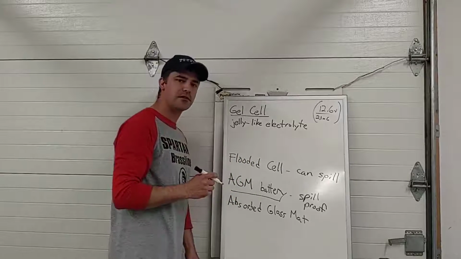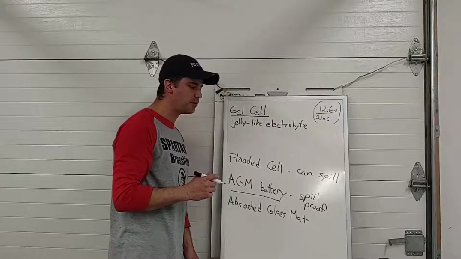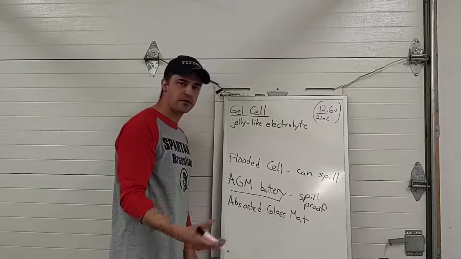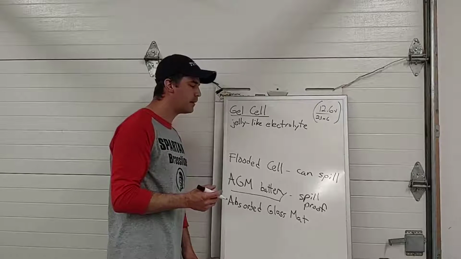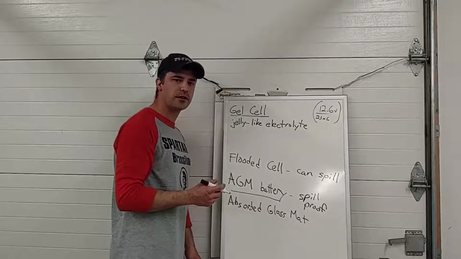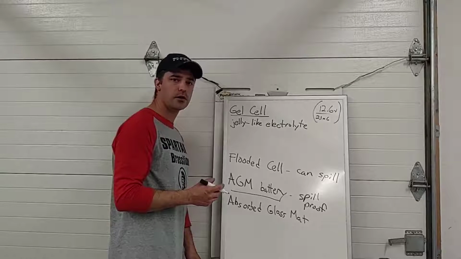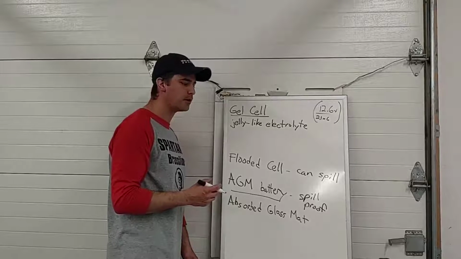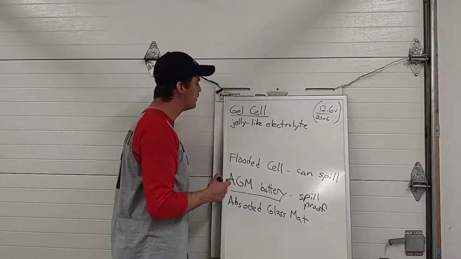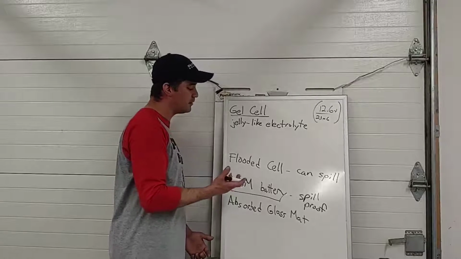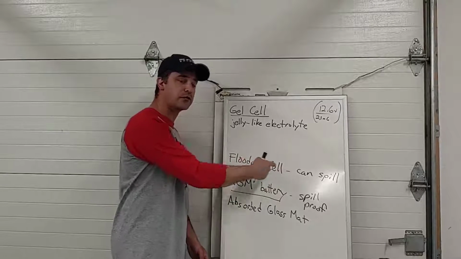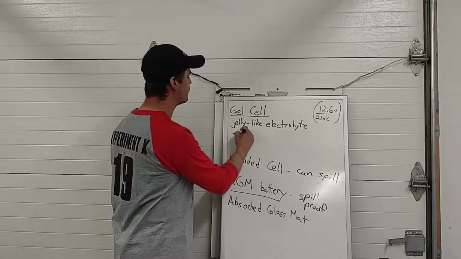You find them in things like Power Wheels, little Jeeps and cars that you charge up for kids to ride around on. You find them in emergency lights that you see up on the walls and hallways in public buildings. They come on when the power goes out. Basically anywhere you need a decent amount of current that a flooded cell could give you, but you don't want it to spill.